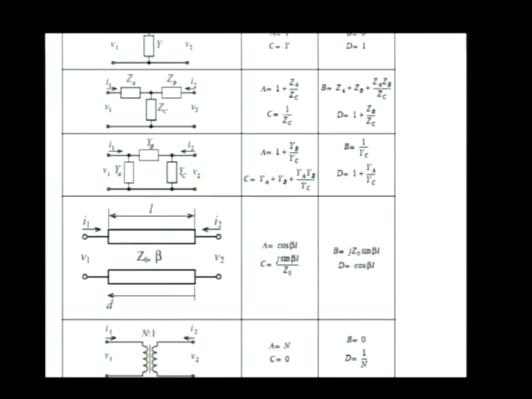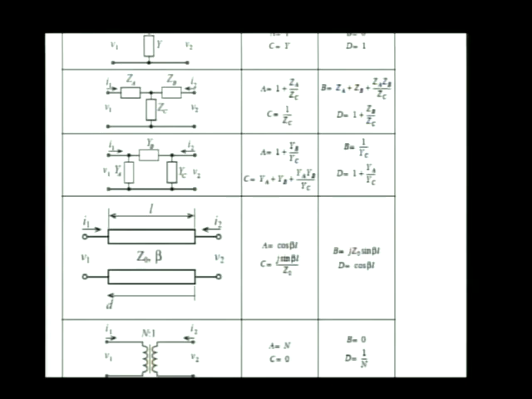Here is another way of connecting together three impedances. Now this is the pi type interconnection. This is the type of interconnection that we looked at in the example that I just wrote down.